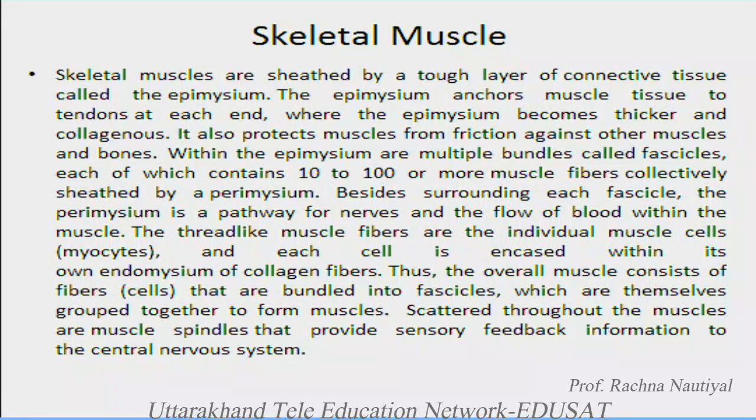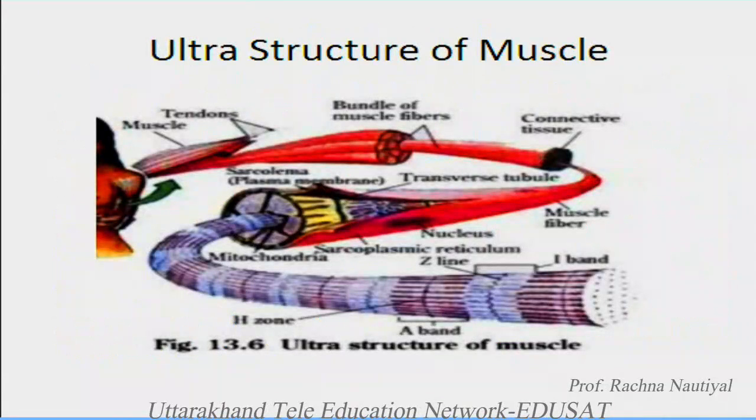Scattered throughout the muscles are muscle spindles that provide sensory feedback information to the central nervous system, and they are connected with it, and hence the action is done.